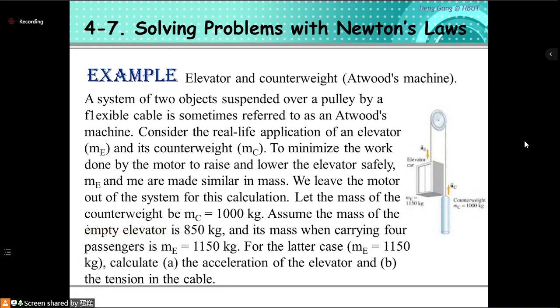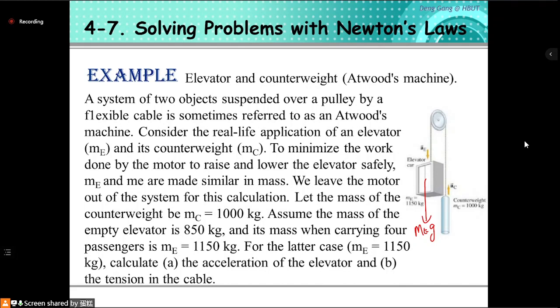For the elevator, we can also ignore the drag of the air. So for the elevator, the gravity, mEg, is the gravity of the elevator.